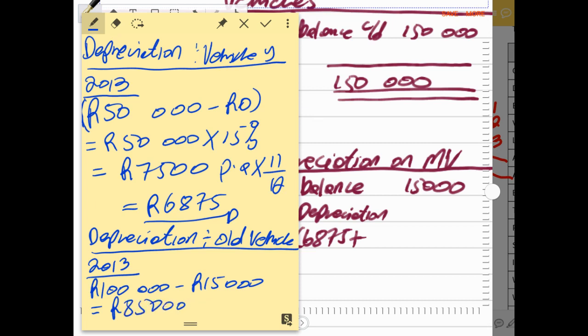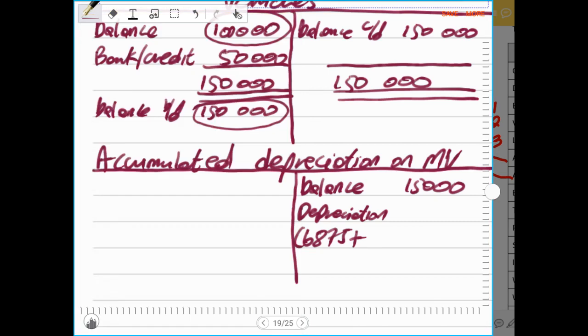Then it was there for the full year. First, we have to multiply by 15% to get to the depreciation for the year. So 85,000 rands times 15% will give us 12,750 rands. So now that is the depreciation for the current financial period for the old vehicle that was in the business before the current period.